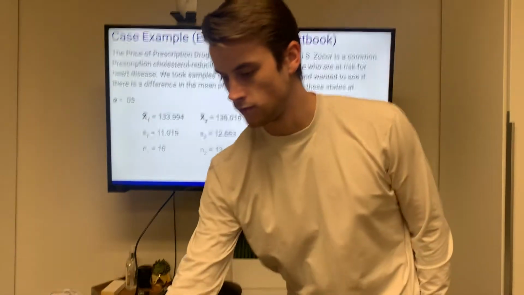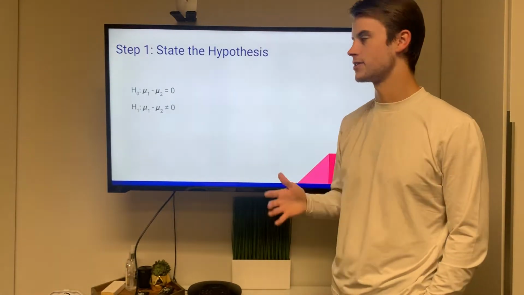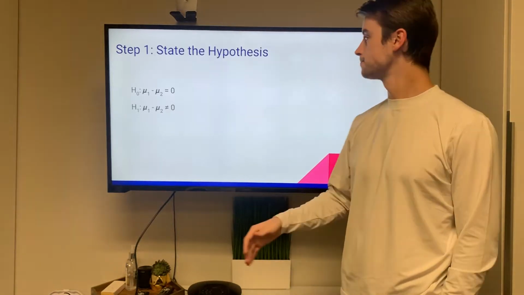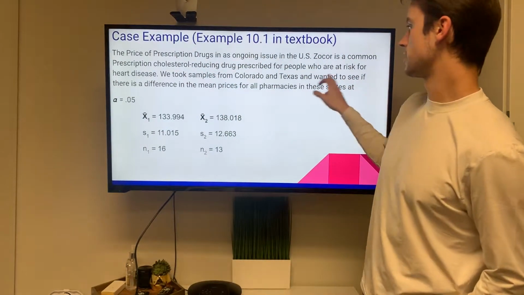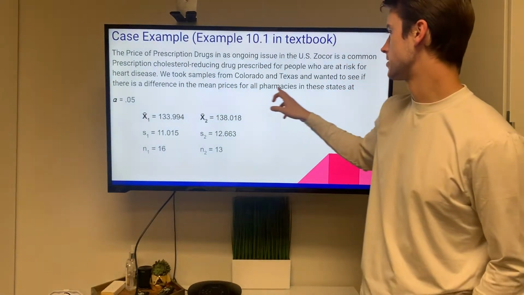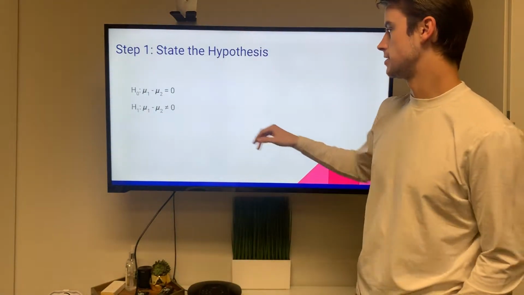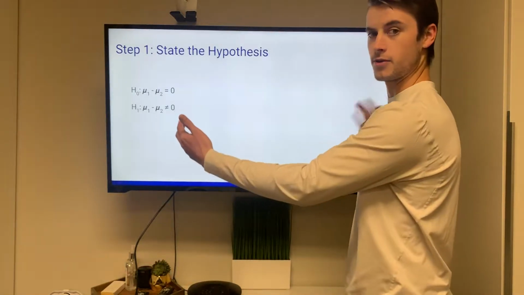So, step one. Again, we're going through these steps, all right? The first step we always do is we state the hypothesis, okay? In this case, the question was, we want to see if there's a difference in the mean prices for all pharmacies in these states, okay? So if there's a difference, that means it could be either on the left side or the right side, right?